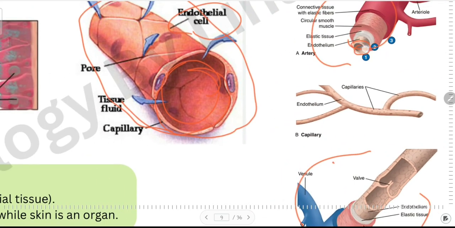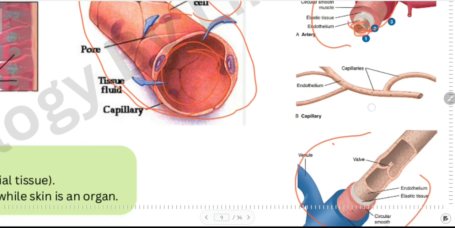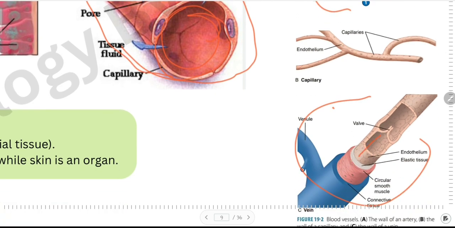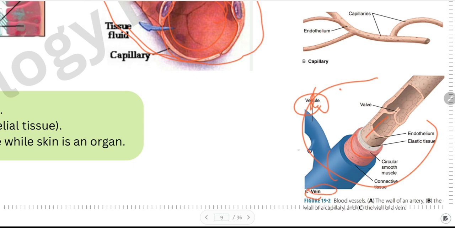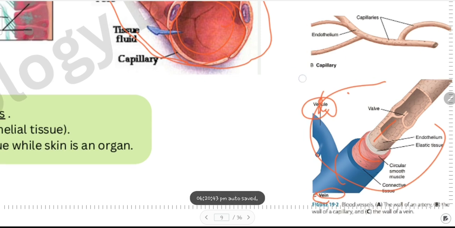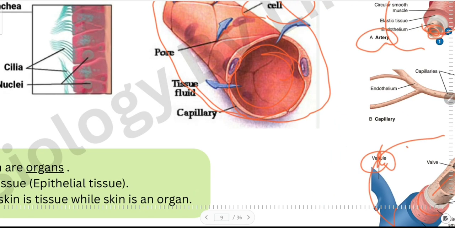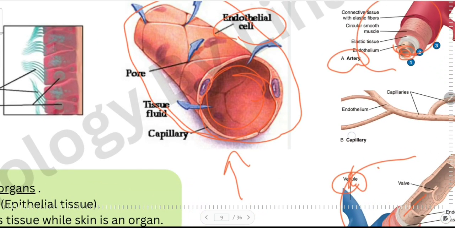The inner layer is made up of a single layer of the epithelial tissue, while they also have smooth muscle and connective tissue. That's why we can say the artery and the vein are organs, because they are made up of different types of tissue, while the capillary is a tissue because it's made up of only a single layer, which is the epithelial tissue.